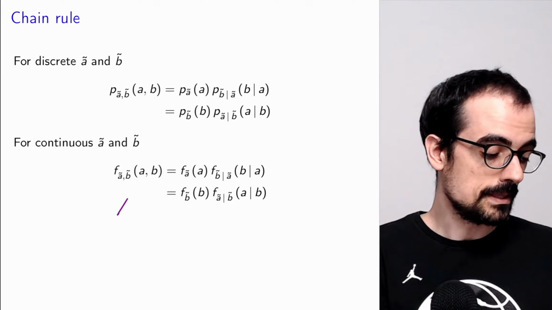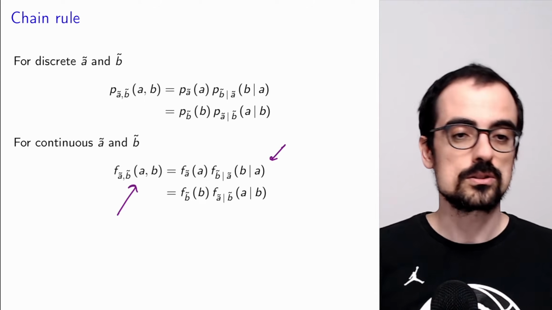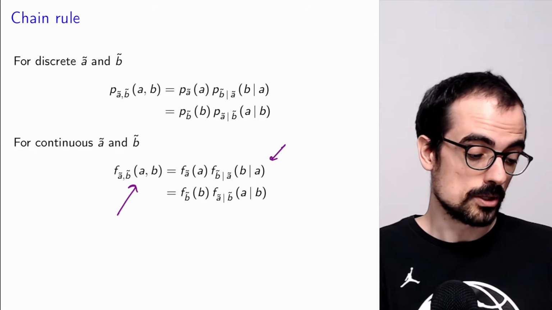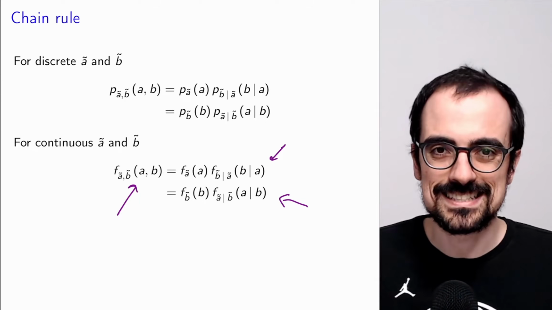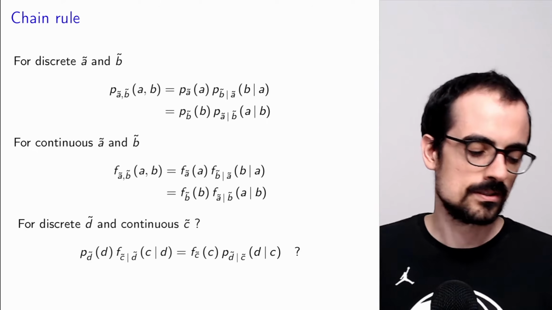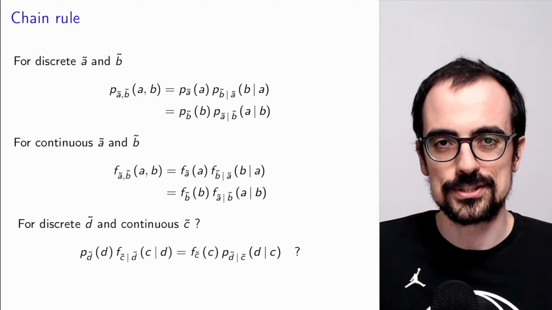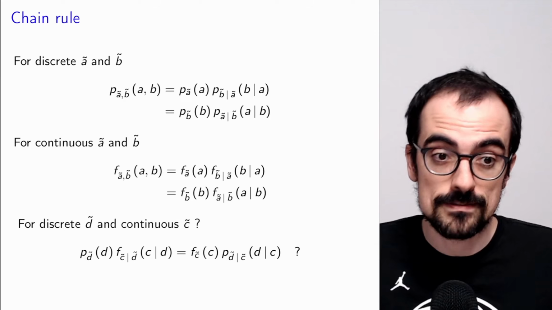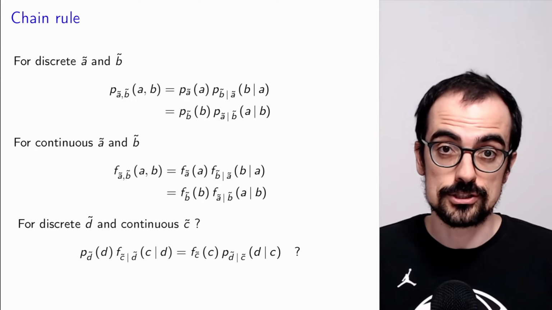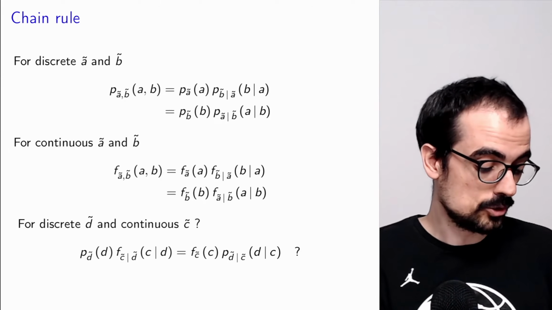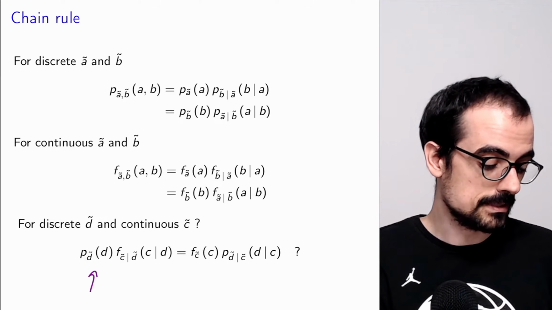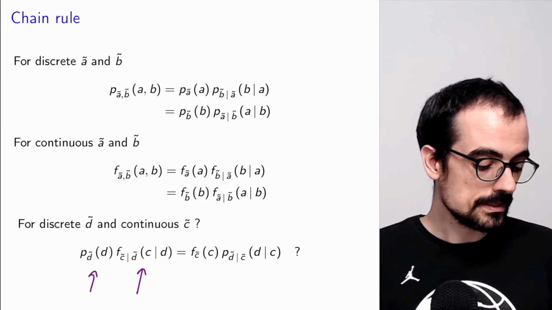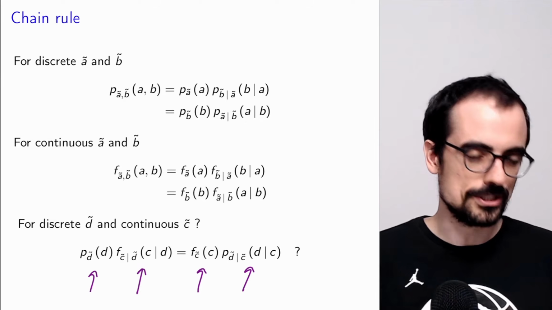The joint PDF factorizes into the product of the marginal PDF times the conditional PDF in these two possible orders. Now the question is, what about for discrete and continuous random variables? Here we do not have a joint PDF, we do not have a joint PMF, but we do have marginals and conditionals. So the question is, is it true that the marginal PMF times the conditional PDF is equal to the marginal PDF times the conditional PMF?